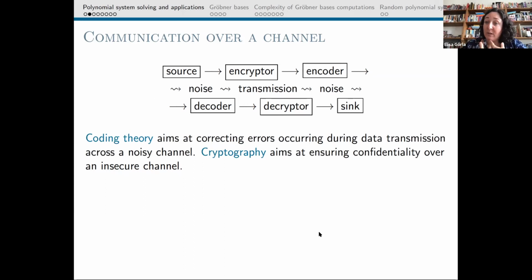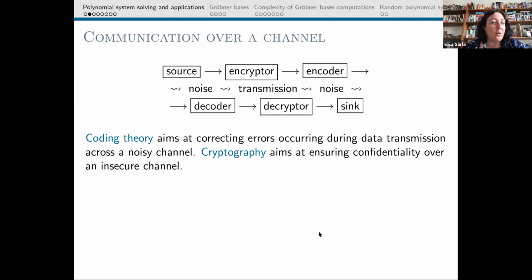And then you encode it. And by encoding, I mean you use coding theory. The goal of coding theory is to add a redundancy to your message that you're going to send, in order to be able to then correct errors that may occur during transmission. So then the message is encrypted, encoded, then it gets sent over the channel, and maybe there will be some noise.